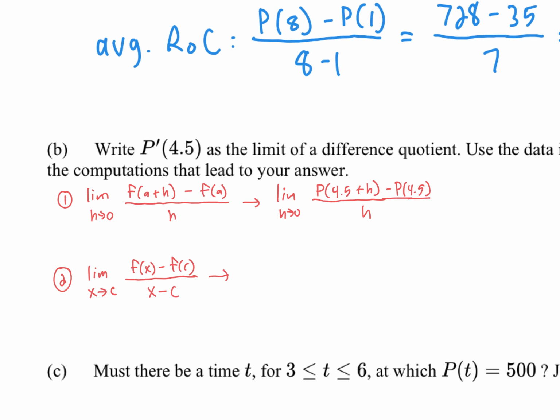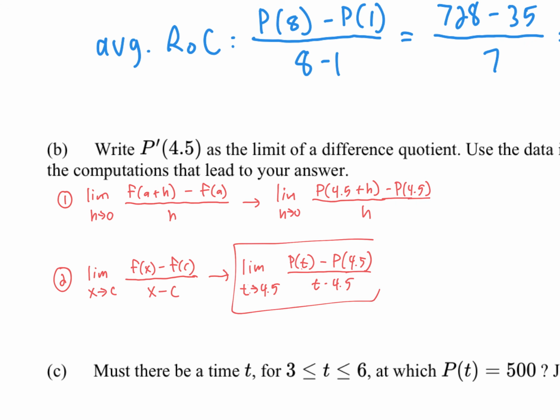In this context, it would be the limit as t approaches 4.5 of p of t minus p of 4.5 over t minus 4.5.